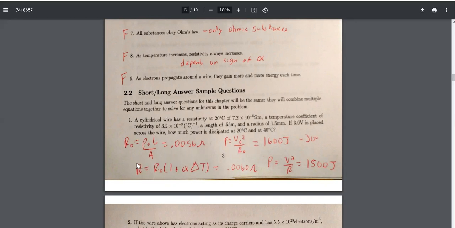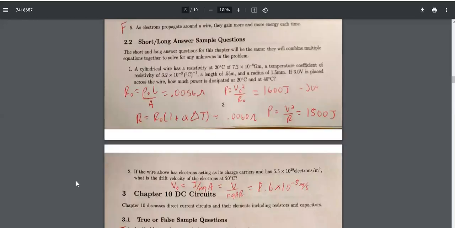So the resistance at some temperature is the resistance at some reference temperature times 1 plus alpha times the change in the temperature. So in this case, going from 20 degrees to 40 degrees, that's a change of 20 degrees. So that's what would go here. And then alpha was given, and we found this resistance at 20 degrees using this formula. Okay.